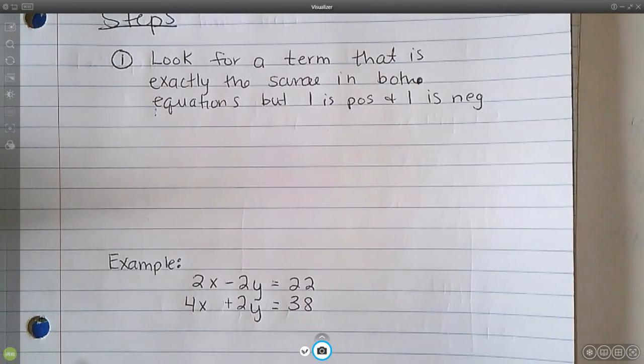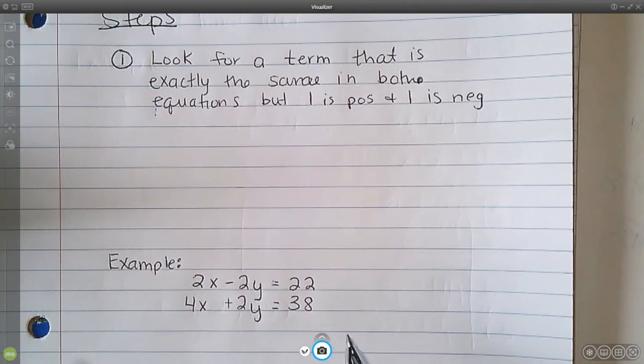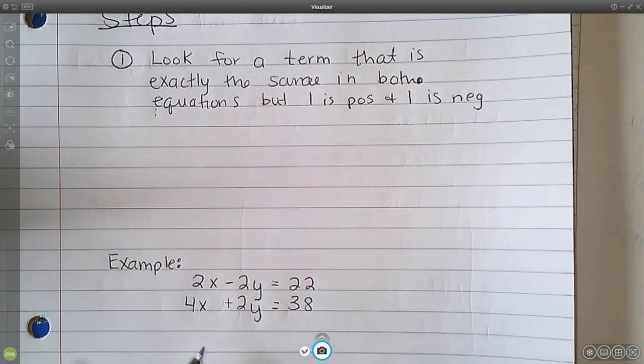Okay, so step 1. Look for a term that is exactly the same in both equations, but one is positive and one is negative. So these are not the same. Oh, look, these are the same. So we have a 2 and a 2 and a y and a y. And one is positive and one is negative. Positive, negative.